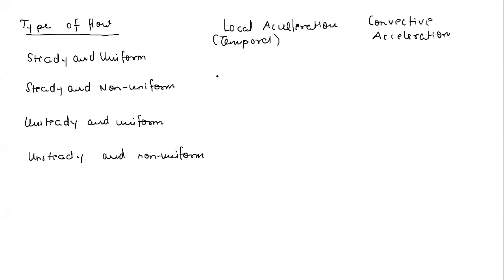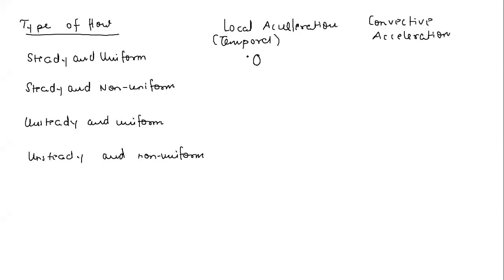Now just tell me, will the local acceleration in this case exist or will it be zero? It will be zero, sir. Yes, it is zero because the velocity is not going to change with respect to time.